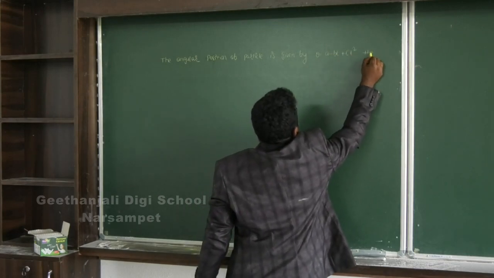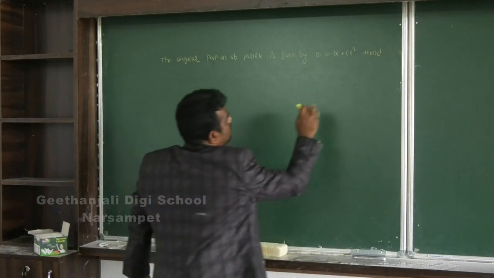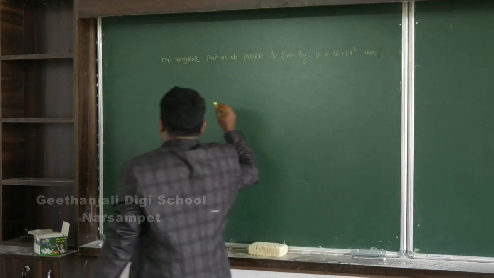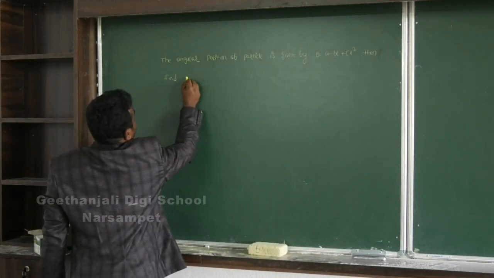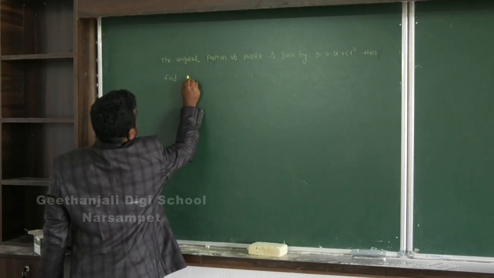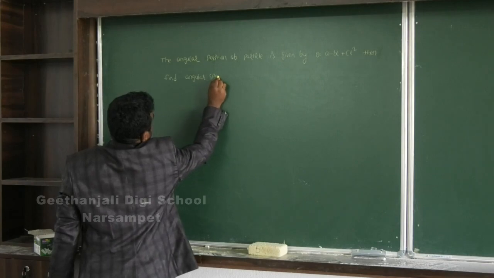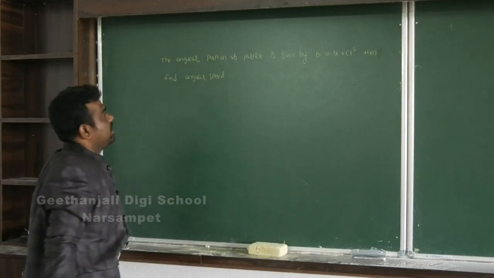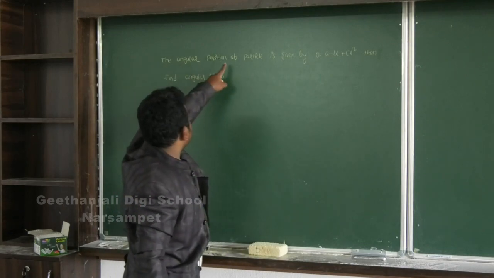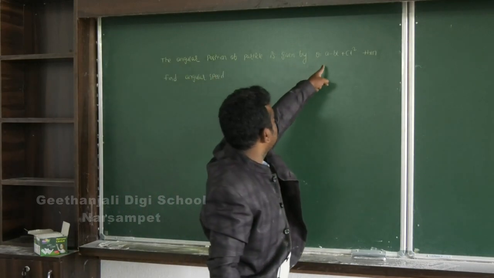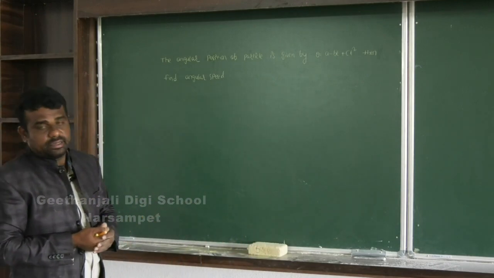Then find the angular speed. Yes, we have to find the angular speed. So what is given? The angular position of the particle is given by theta is equal to a minus bt plus ct square. Then find angular speed.